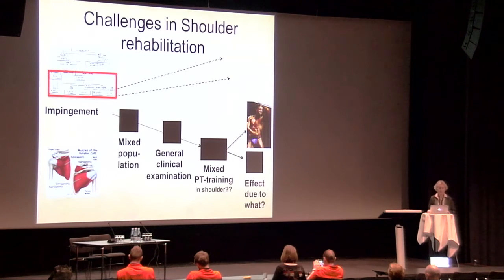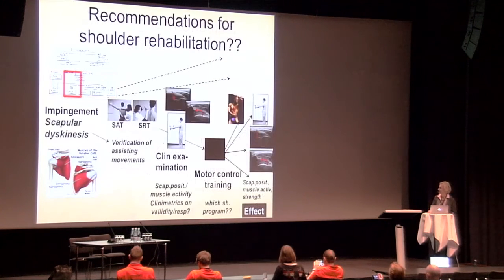We can also be more specific in subclassifying impingement, for example, into scapular dyskinesis, verifying this condition by the assisting movement tests. We can also use the fatiguing tests, the more dynamic tests, and look at the scapular positioning.